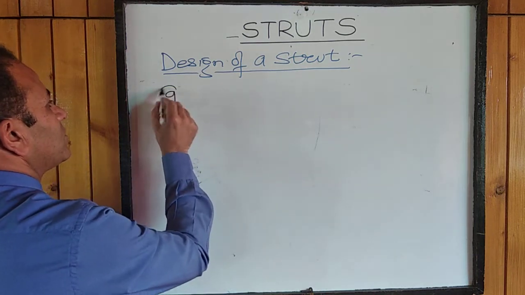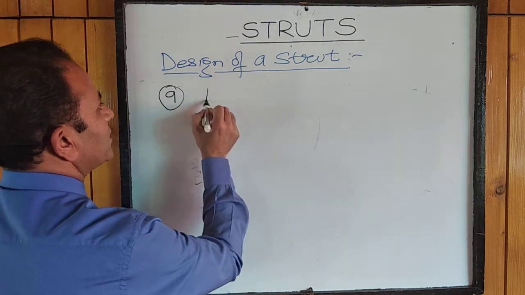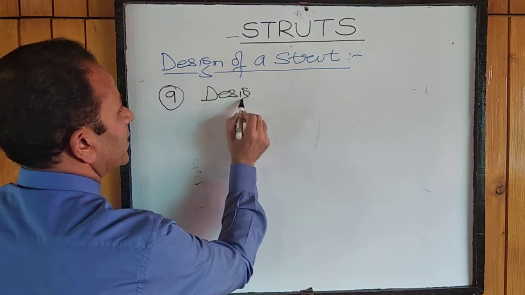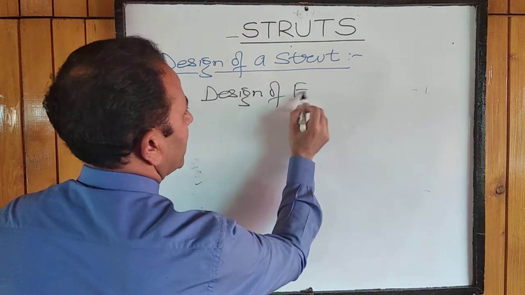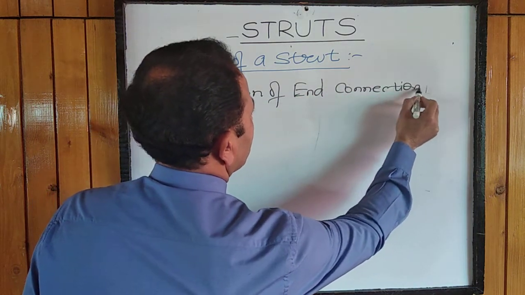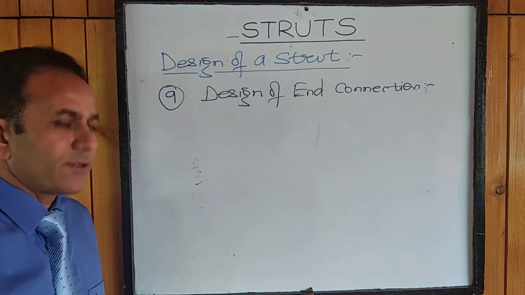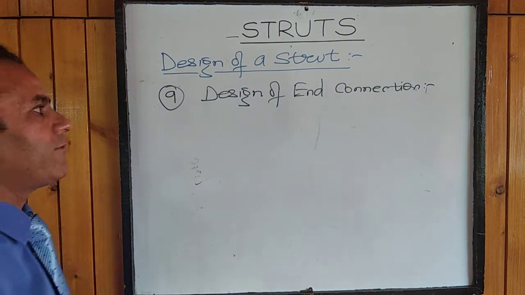After we achieve this condition satisfactorily, we have to go for the design of end condition and connection. Now, if the end connection is defined as a riveted end connection, we'll go accordingly. If it is a welded end connection, then we'll have to provide a fillet weld.